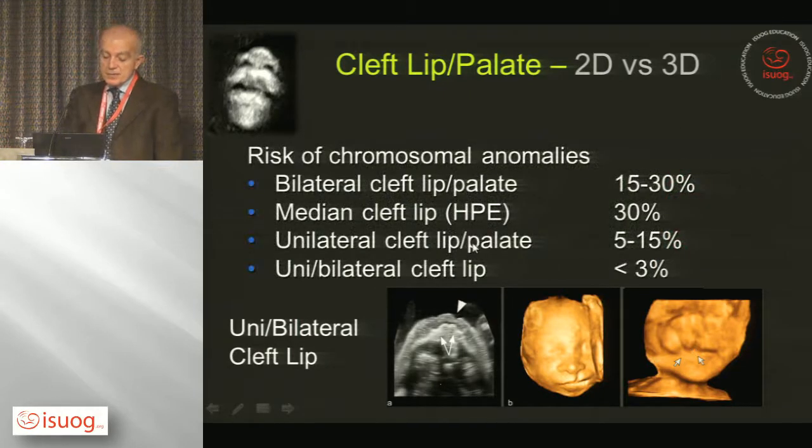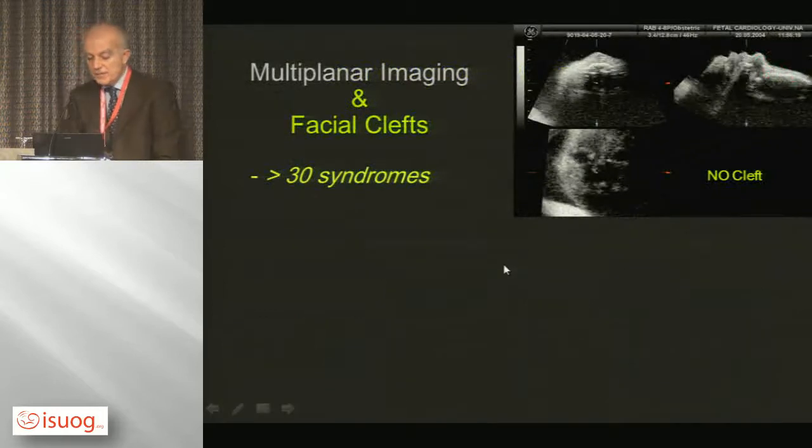And the difference is important because, as you see here from the literature, bilateral cleft lip has a higher association risk with chromosomal abnormalities than unilateral cleft lip and palate, and especially versus isolated unilateral cleft lip. This is quite important for us to consider.